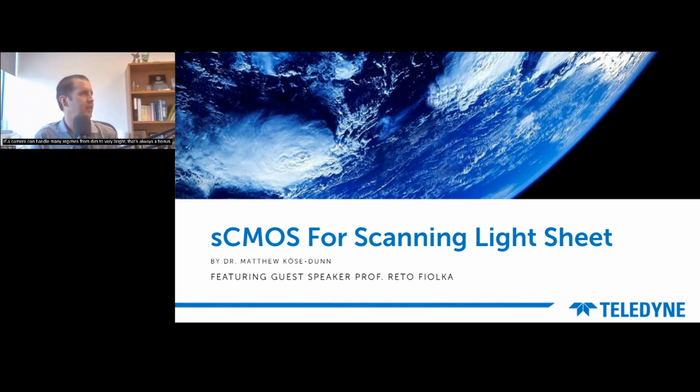If a camera can handle many regimes from dim to very bright, that's always a bonus. Certain applications will be performed in very low light settings where you have to be very gentle, but there are also samples that are blazing bright. For example, if you want to study the morphology of cancer cells and how they change, we can fill them with a cytosolic marker that fills the entire cells, and we can segment the cells and get the shapes.